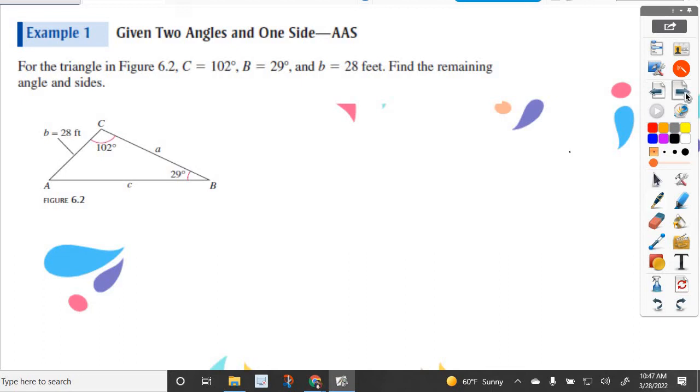The sum has to be 180, so even without knowing basically any of our law of sines, law of cosines, we can find our missing angle. So we know that angle A has to equal 180 degrees minus big B minus big C. Agreed? So what do we get?